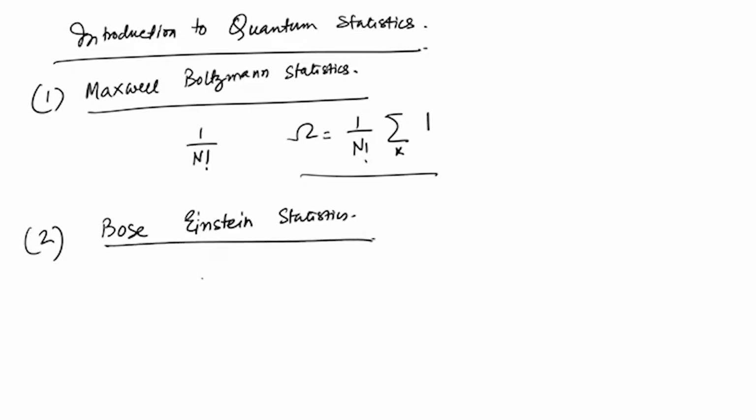So, this Bose-Einstein statistics tells you that any number of particles can occupy a given quantum state, or given energy state, and there is no need for this n factorial. So, this is an important thing, there is no correction that is needed.